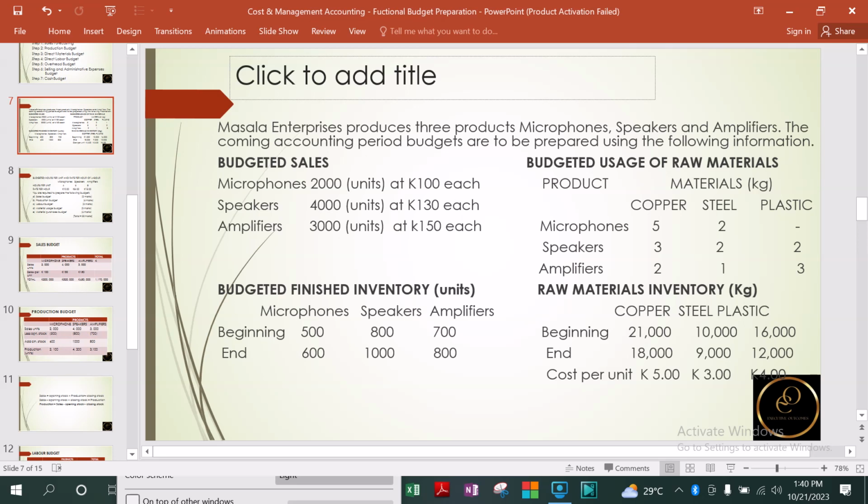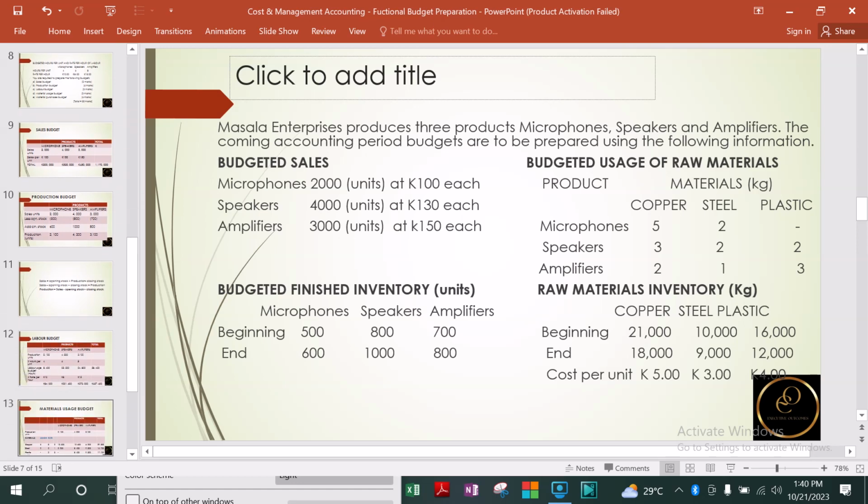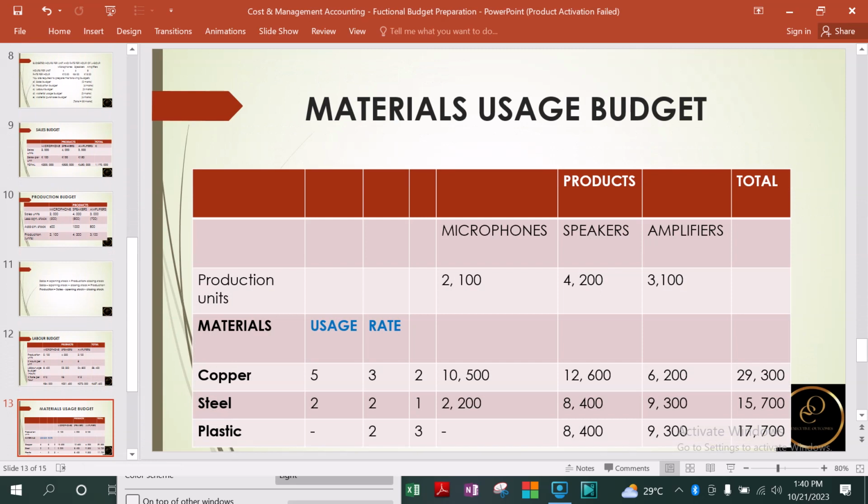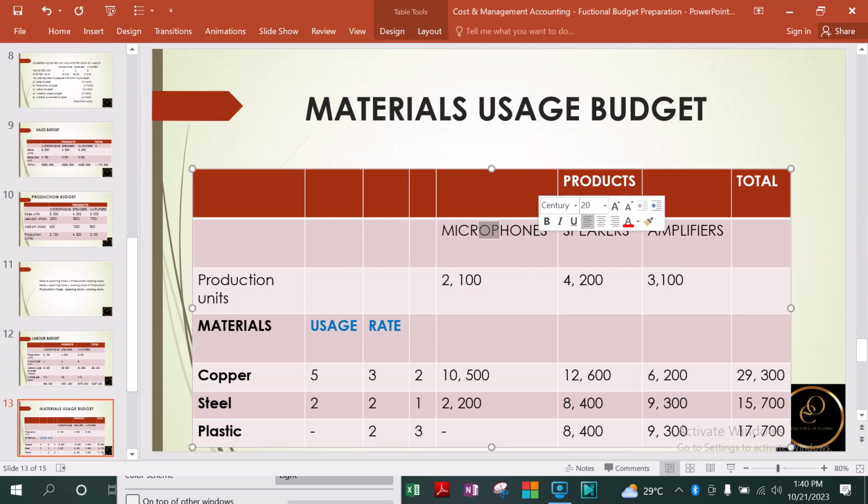So it's 5, 3, 2 of copper applied to microphone, speakers, and amplifiers. So come here. So you have 5, 3, 2 to be used on microphones, speakers, and amplifiers.